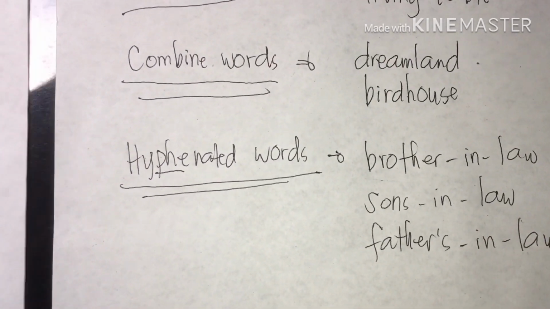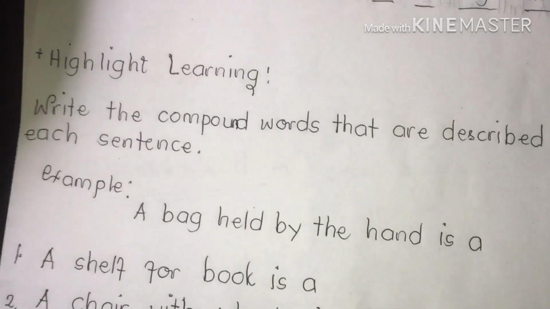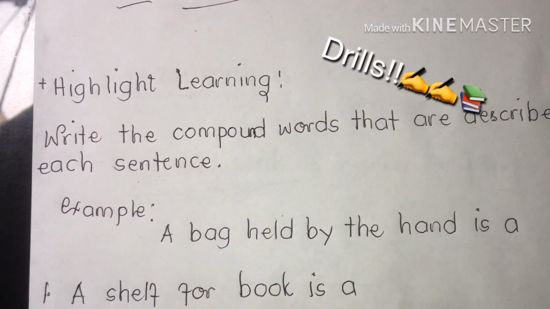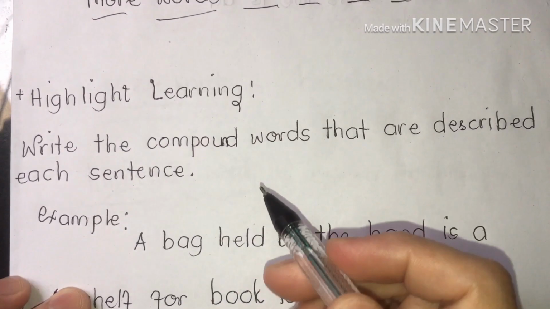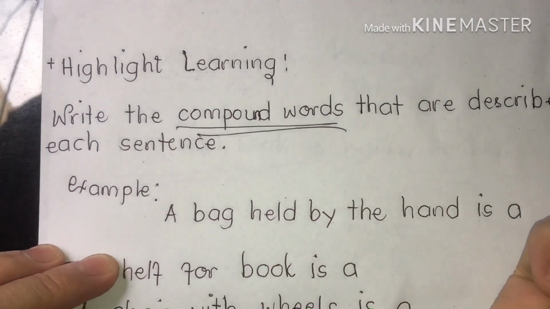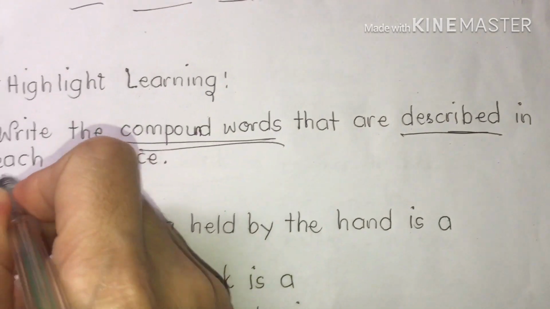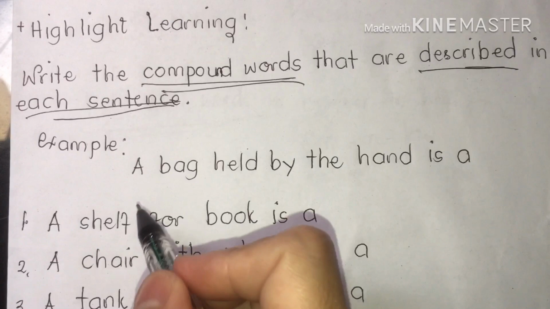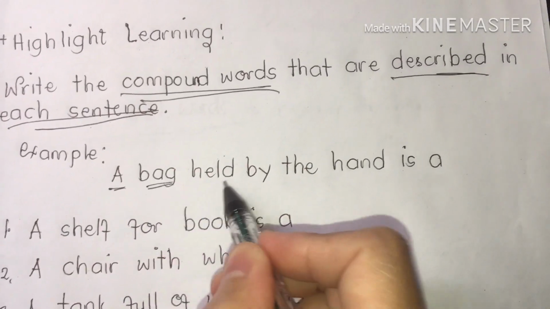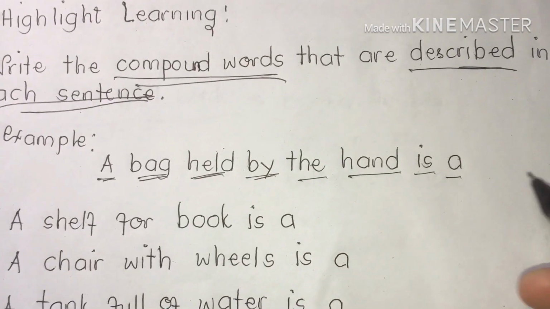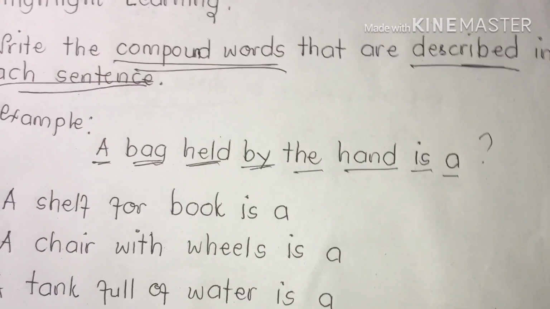Here we go. We have first our exercises. And what are those exercises, Teacher Ram? We are going to write the compound words that are being described in each sentence. The first example is: a bag held by the hand is a what?